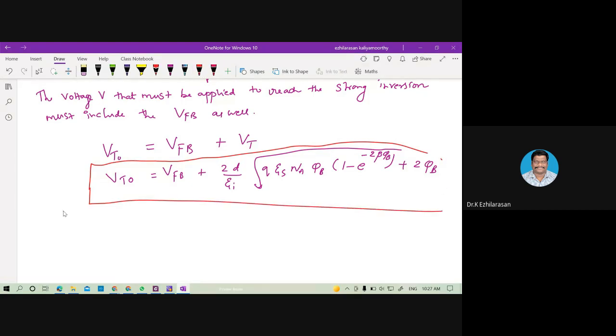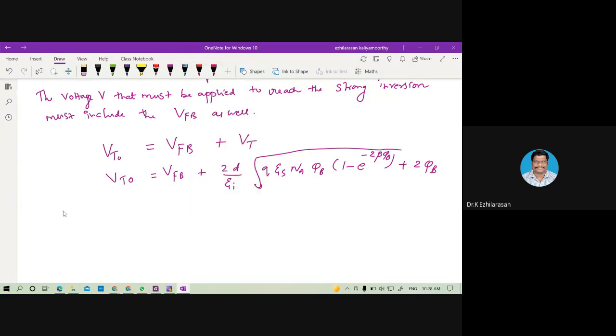Now we can say this VFB is nothing but the flat band voltage. The rest of the terms are the ideal threshold voltage.